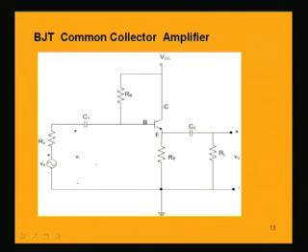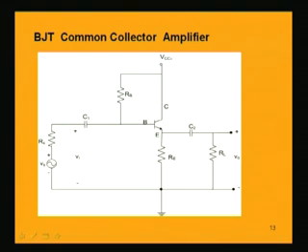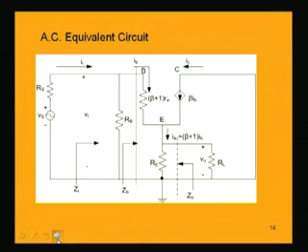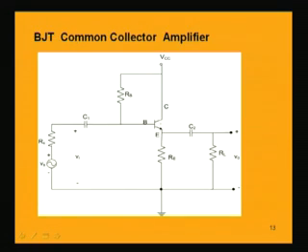Now, how is it a common collector amplifier, that is, how is this collector common? In order to understand that, let us first draw the AC equivalent circuit for this amplifier. Following the usual procedures, we make the Vcc source 0, or grounded. So the collector is directly grounded and the circuit will look like this. Here we are considering an NPN transistor.